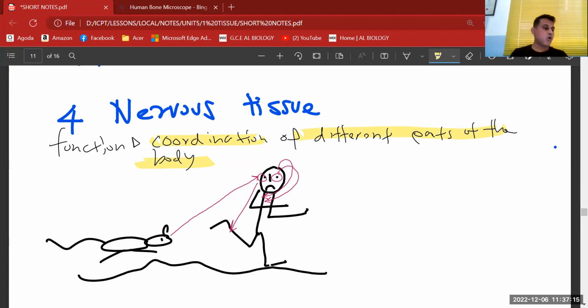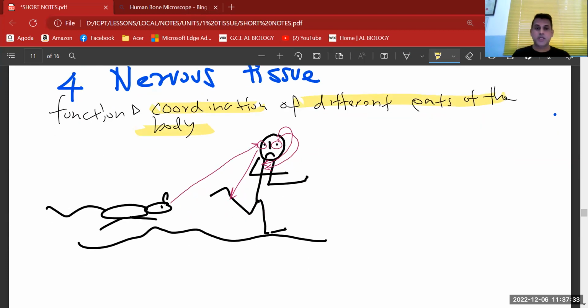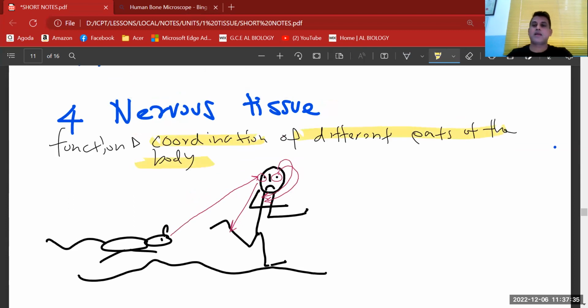So it is the main coordination unit of the body. There is another coordination unit we're going to learn later on, but this is the main coordination part of the body. And nervous tissue is made out of cells.